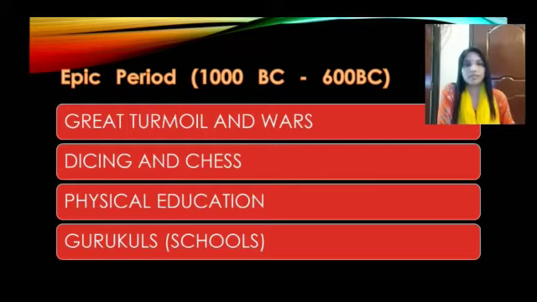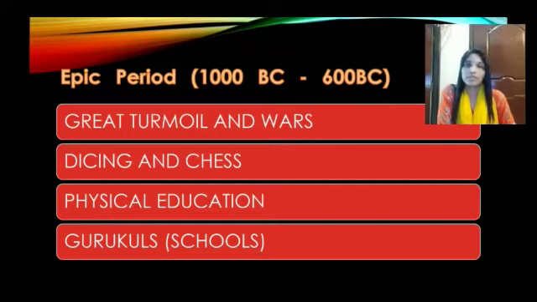Both epics reveal that this period was a period of great turmoil and wars. Dicing and chess were popular games at that time. The game of chess was in fact the invention of some Hindus, and this country is considered the original home of this game, which spread throughout the ancient world.